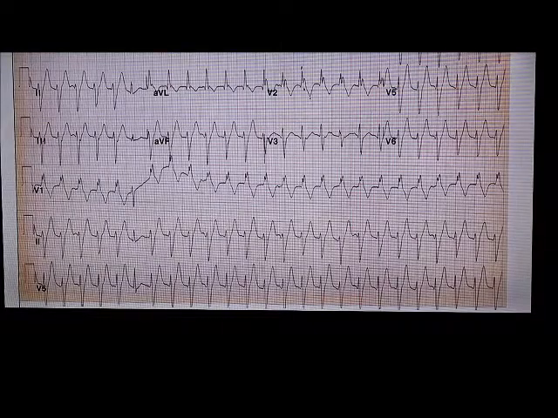Wide complex tachycardia, right bundle branch block. V1 is M shape. The P waves look completely dissociated. It is VTAC, but why?